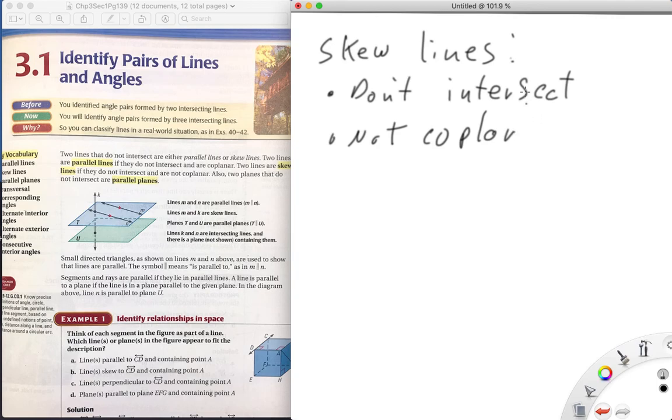So remember, for something to be coplanar, you have to have three non-collinear points. So here's our plane here.